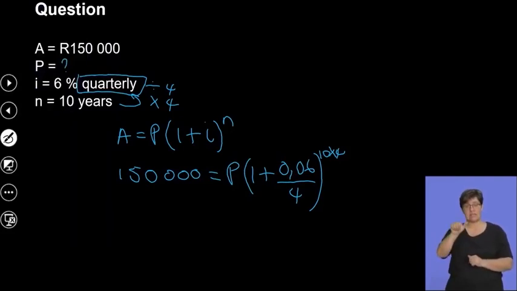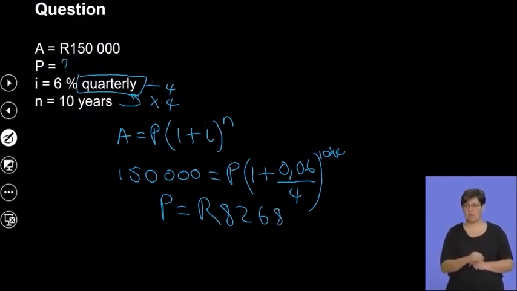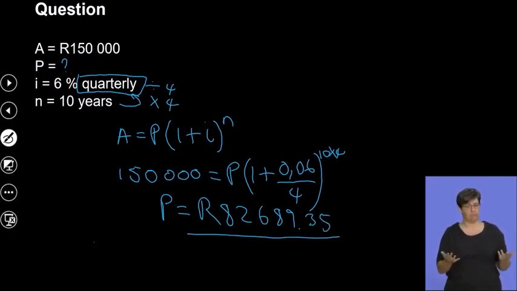So the value of P is 82,689. Let me verify that: 82,689 and 35 cents.